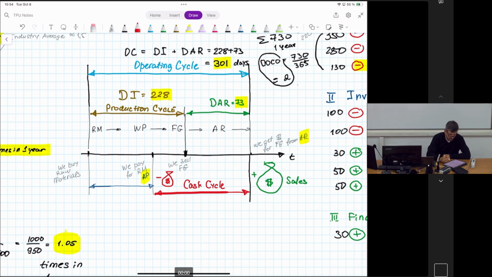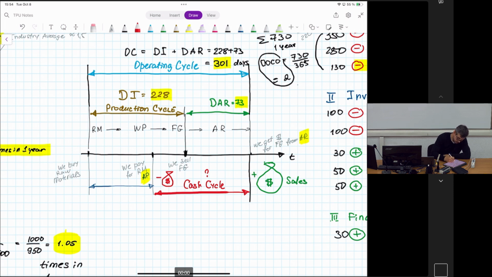So in this case, now let's look at it and see what do we need to know in order to calculate our cash cycle. What else is missing here? So this is our question mark, but in order to calculate the cash cycle, what do we need to know? We need to know our days in, yes, days in accounts payable.